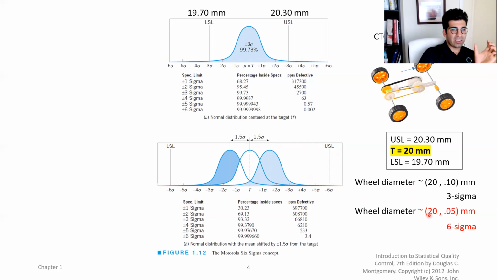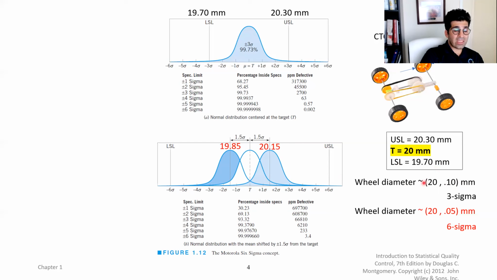And we want to express that shift from the target in terms of a multiple of the sigma of the distribution. So we would say target plus or minus 1.5 sigma. So if my sigma is 0.05, we multiply that by 1.5, or if it's 0.10, then 0.10 times 1.5 is going to be 0.15, right?